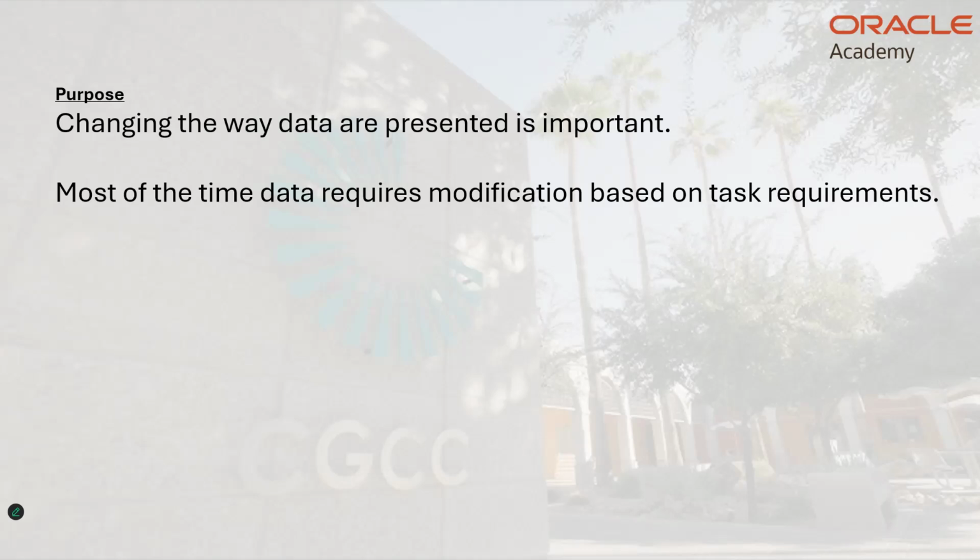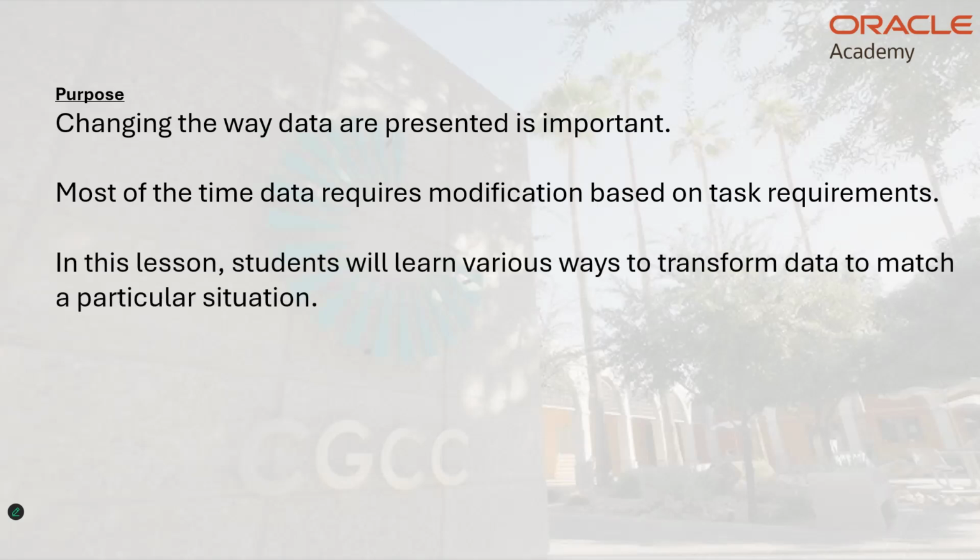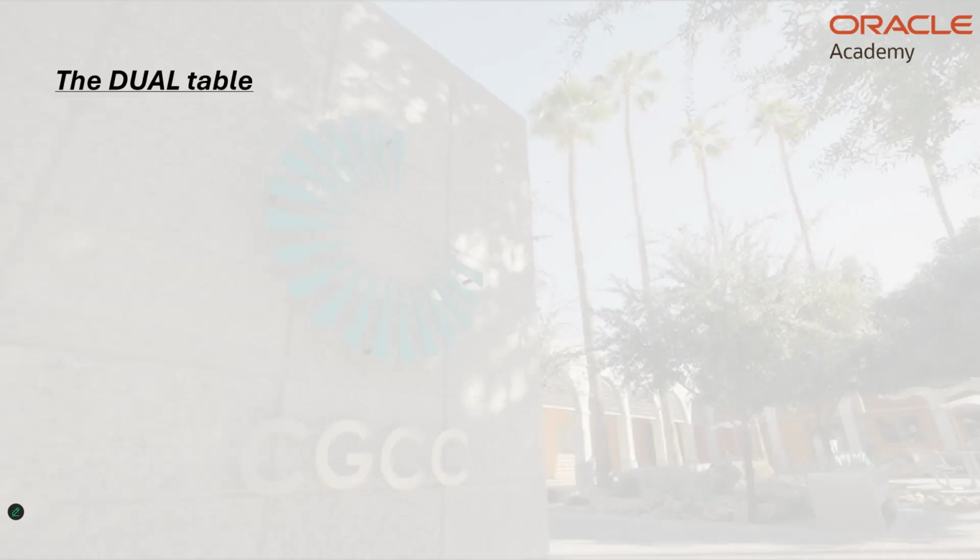In most of the tools, you can do some things within your queries to make sure it looks right, even going back to concatenation and things like that. So it's all about making sure that report follows the criteria. In this lesson, you'll learn various ways to transform data to match particular situations.